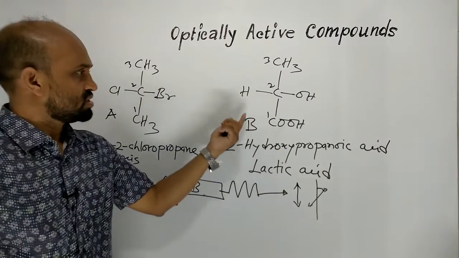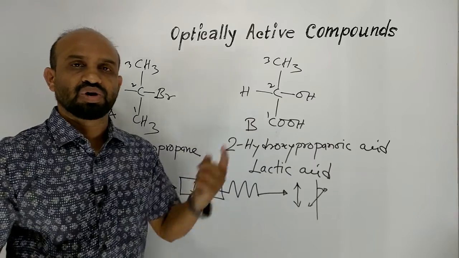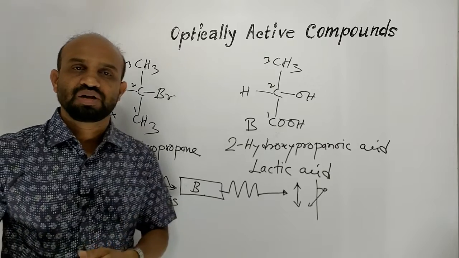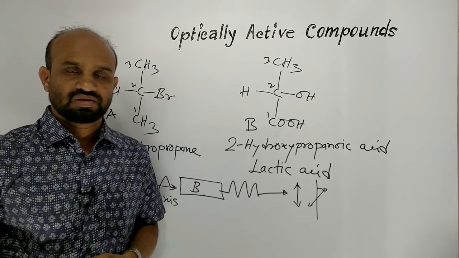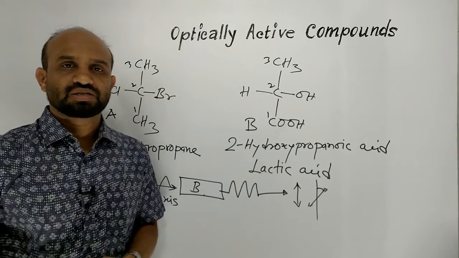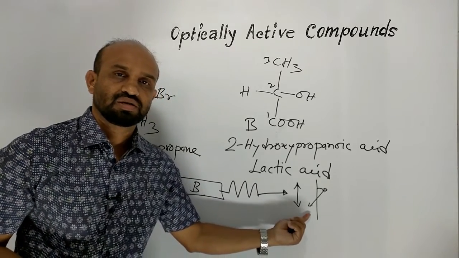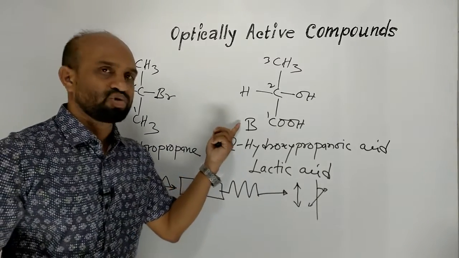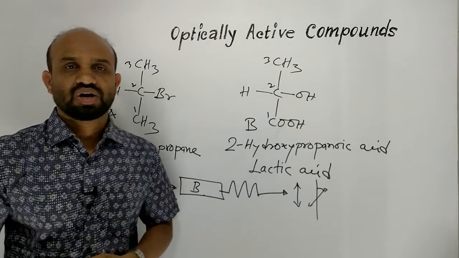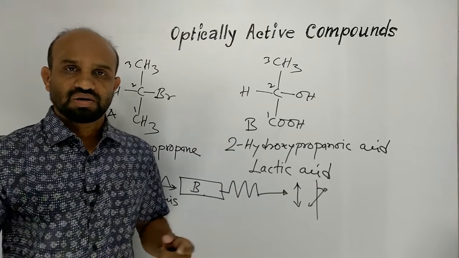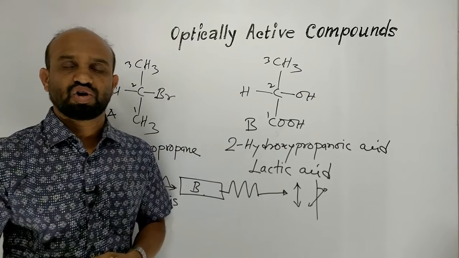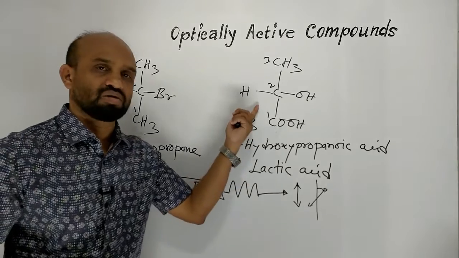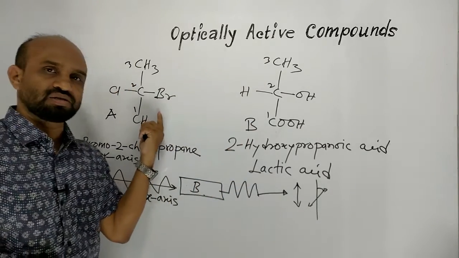That means compound B, that means 2-hydroxypropanoic acid, affects the plane of the polarized light. As a result, the plane of the polarized light is changed with a specific angle. So we can say that compound B, that is 2-hydroxypropanoic acid or lactic acid, is a kind of optically active compound. Now let's try to know why this is optically active and this is not.